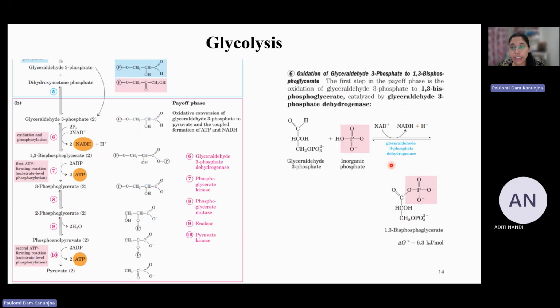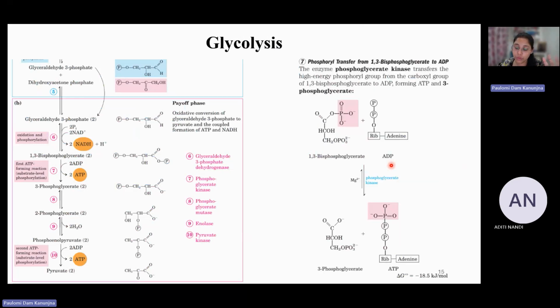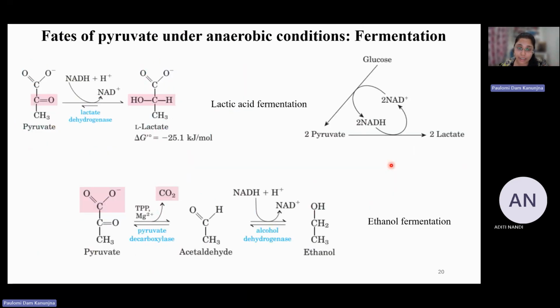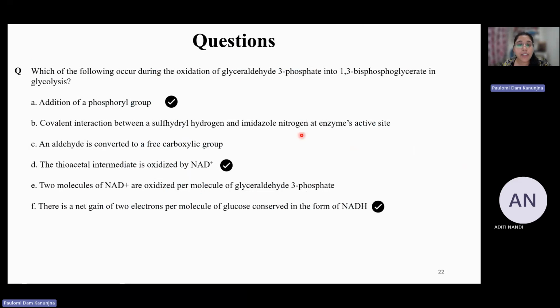So that cysteine residue is what actively takes part. The sulfhydryl hydrogen and imidazole nitrogen do not actively take part in covalent interactions. It is basically a formation of thiohemiacetal, and that is exactly what is in the fourth option.